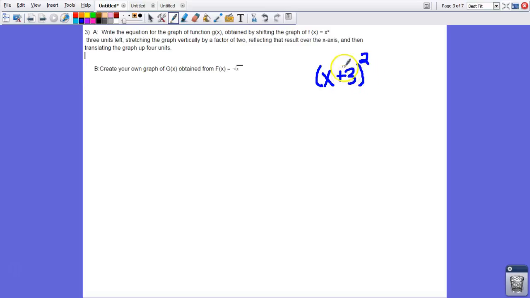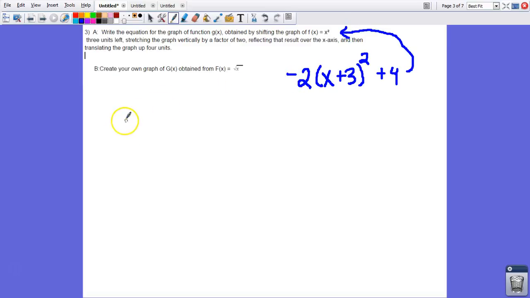Stretching the graph vertically by a factor of 2 is going to be multiplying the outside by 2, because that's the vertical. Reflecting the result over the x-axis means we make this negative. And then translating the graph up 4 units. So that's going to be our new f of x after we do those things.